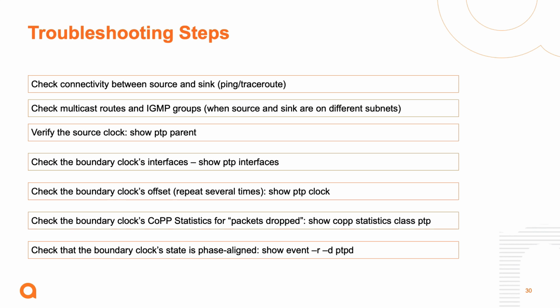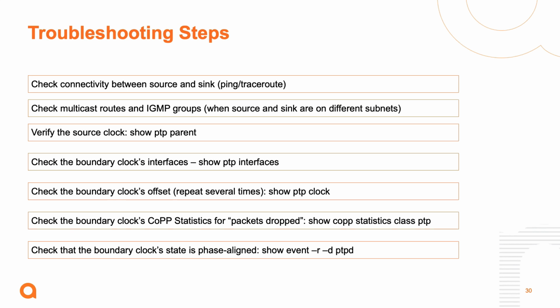And here's the initialization process and what we said about the ptp clock being in phase aligned state. Again, this applies to a boundary clock, and this is probably one of those things that you have to verify once the clock has started.